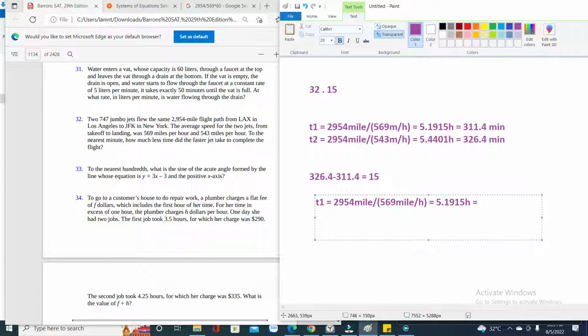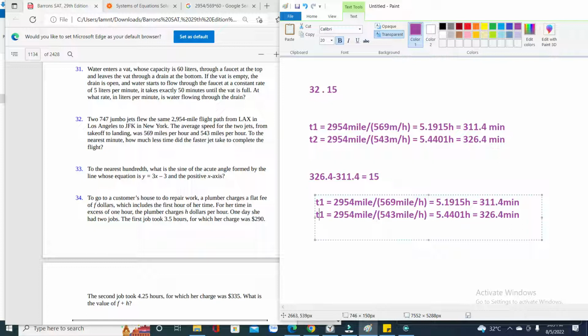Okay, I was mistaken. T1 is 1.4 minute, and T2 I'm just going to change to 43, and that's going to be 4401, and that's 326 hour.